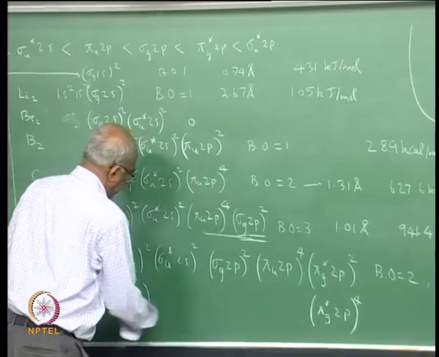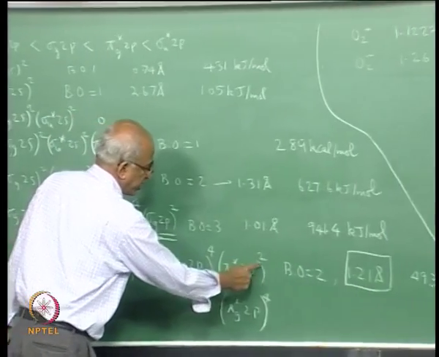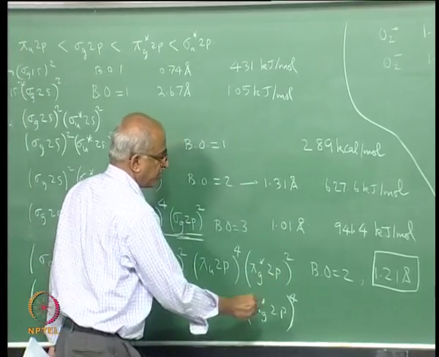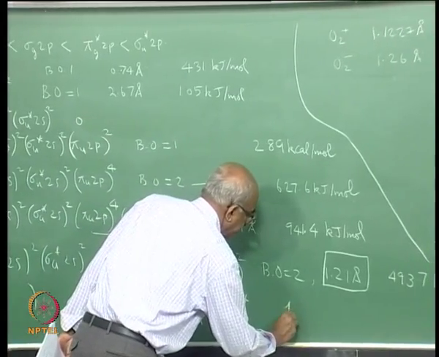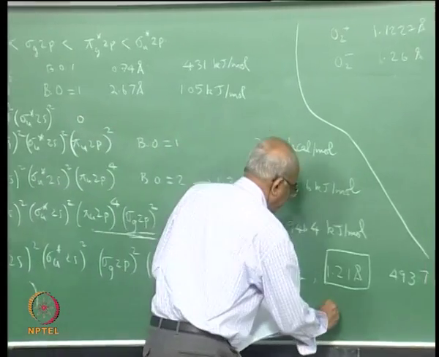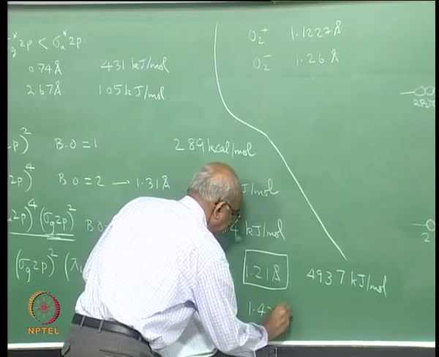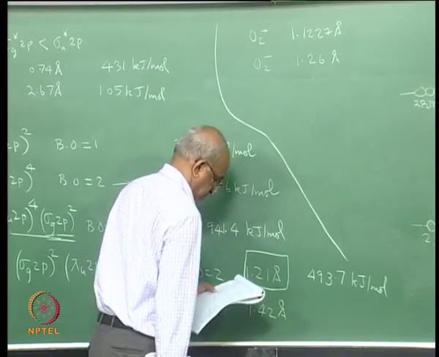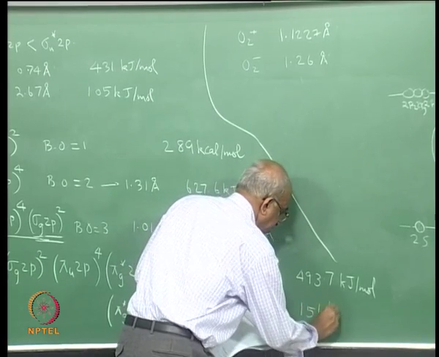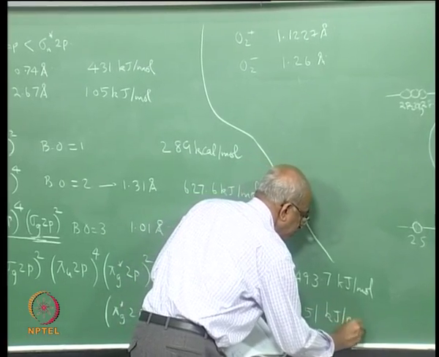See, everything else remains the same. You put 2 more electrons, so this will become pi g star 2p. If you calculate the bond order, you will find that it is equal to unity, and the bond length is 1.42 angstroms, and the bond energy is 151 kilojoules per mole.